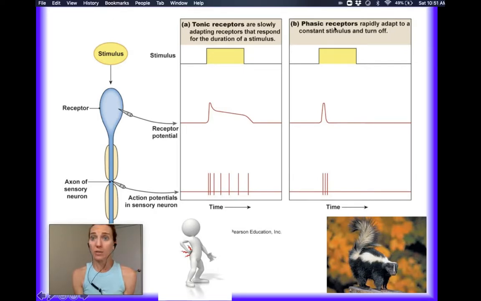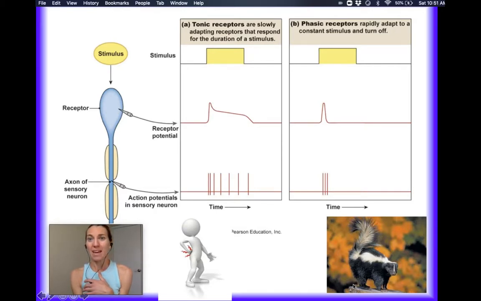So with phasic receptors, remember that they are quick to adapt to a particular stimulus. So while the stimulus is going to be present during this whole period of time, this neuron, this receptor, is only going to be sending action potentials for the beginning of that stimulus. So fortunately for us, our sense of smell is going to be an example of a phasic receptor.